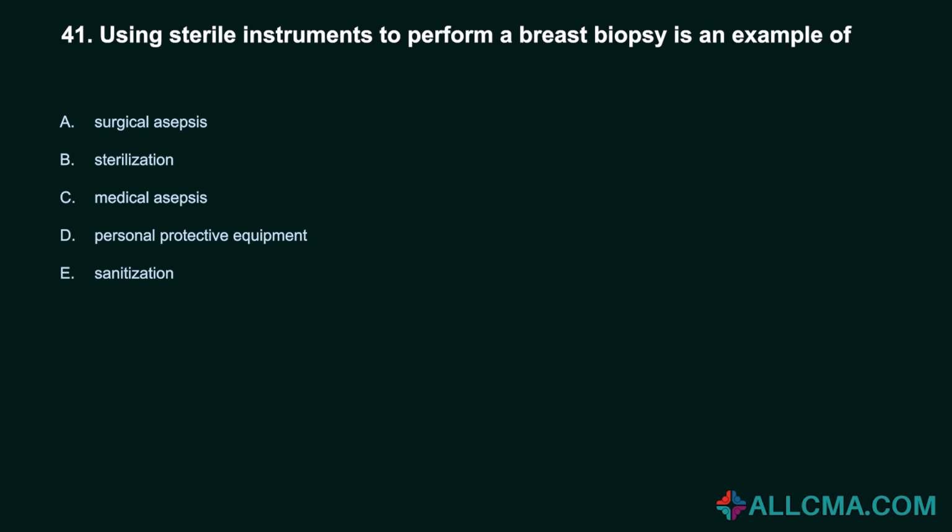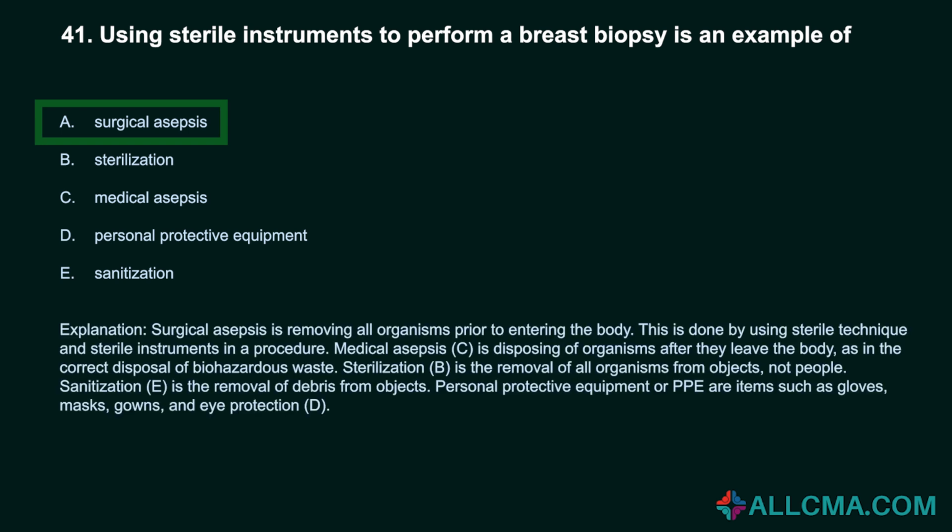41. Using sterile instruments to perform a breast biopsy is an example of: A. Surgical asepsis. B. Sterilization. C. Medical asepsis. D. Personal protective equipment. E. Sanitization. Correct answer: Surgical asepsis. Surgical asepsis is removing all organisms prior to entering the body. This is done by using sterile technique and sterile instruments in a procedure.